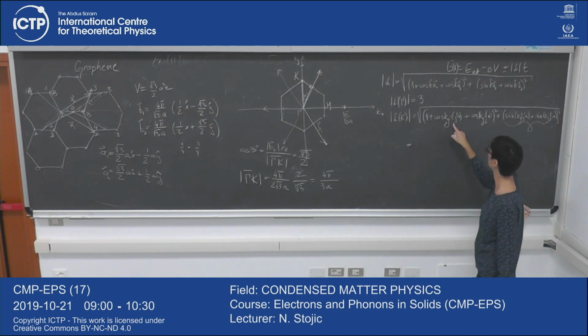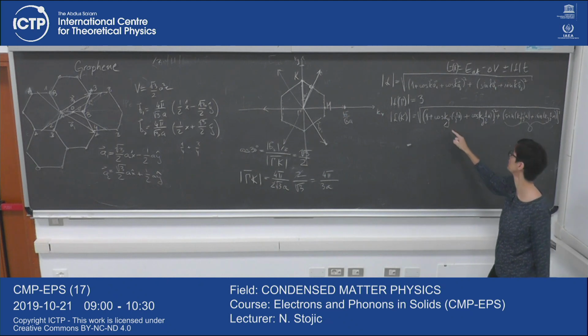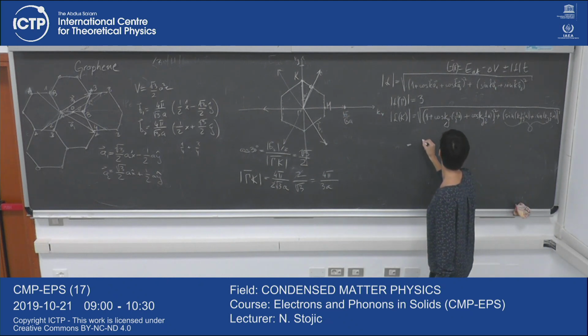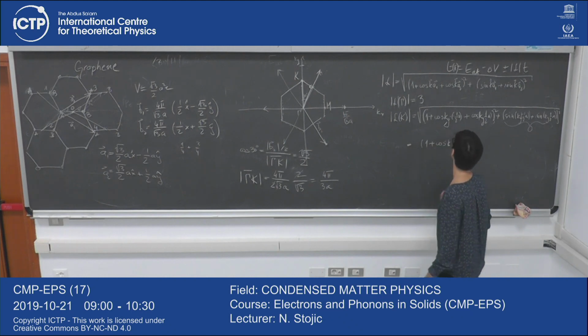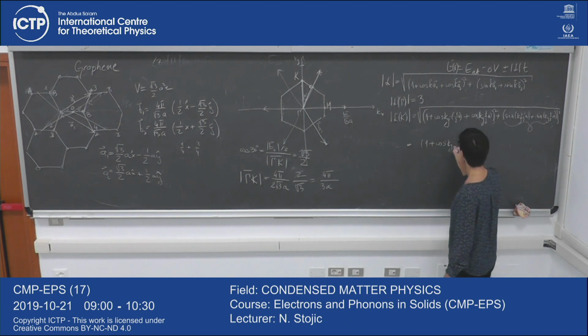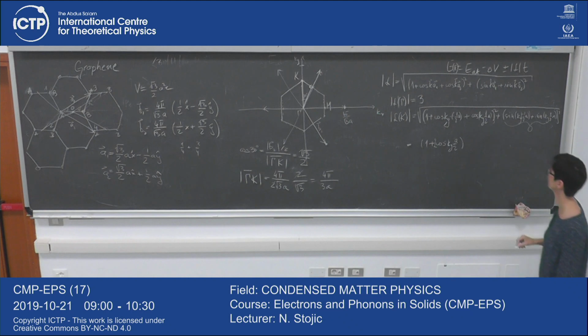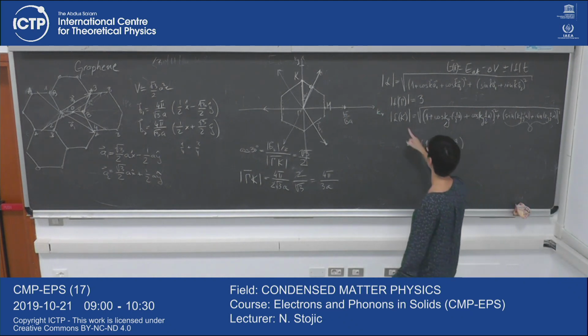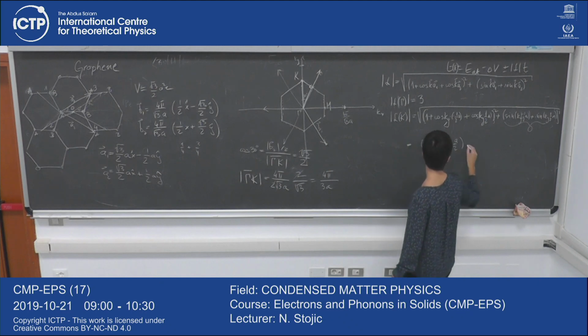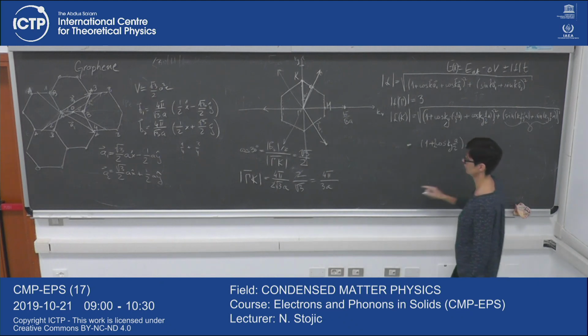And this is an even function. So we are getting 1 plus cosine of ky a/2, 2 times. Okay. And what is the ky and the k? 4 pi over 3.